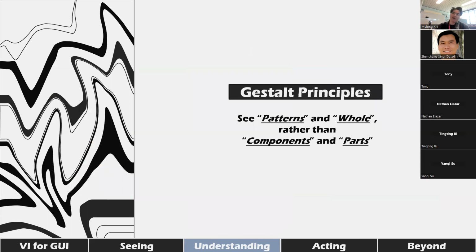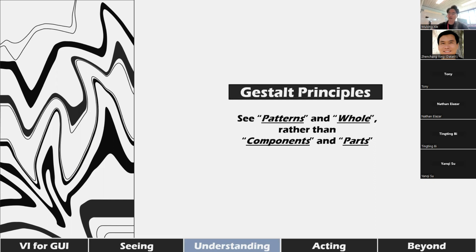Let's step back and think about how we human beings perceive groups instead of separate components. To this end, we resort to a well-established psychological theory, the Gestalt theory. The Gestalt theory states that we see patterns and wholes rather than components and parts.